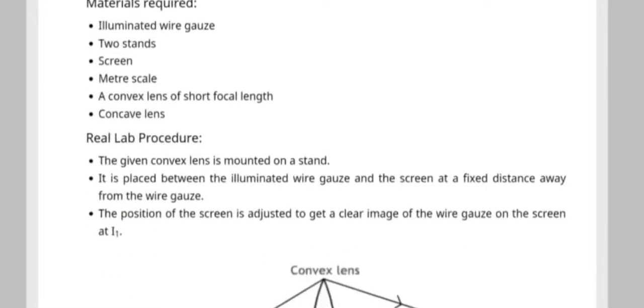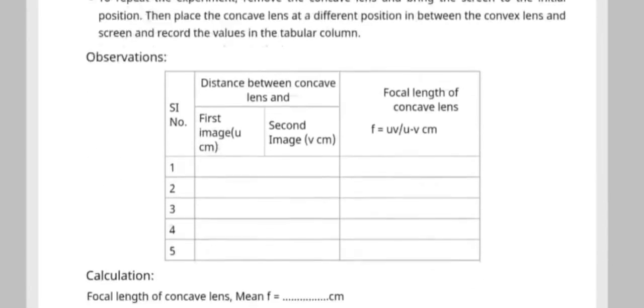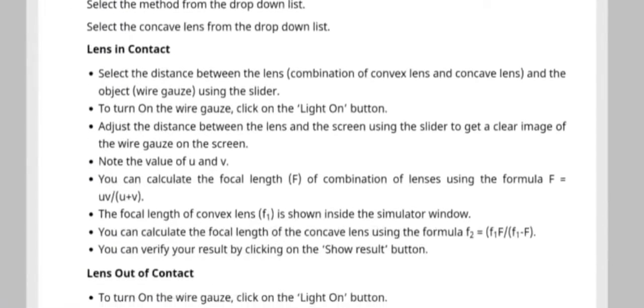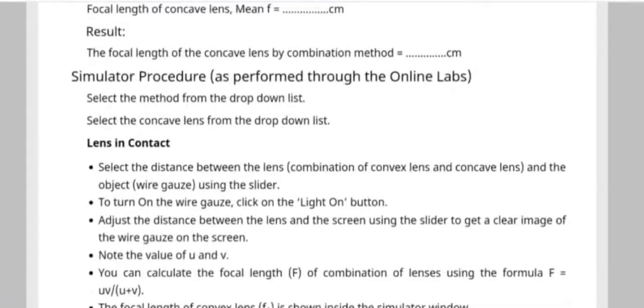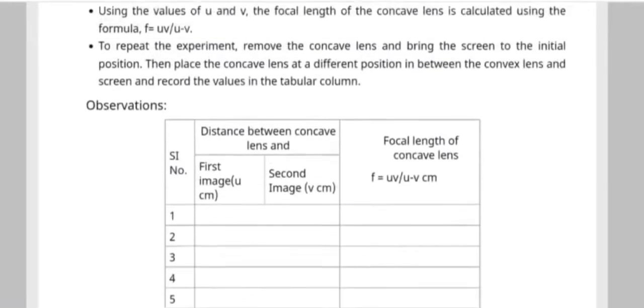Here you can see the simulator procedure, as performed through the online labs. You can follow these instructions for the lens in contact method and perform the experiment yourself, but I will also tell you all these procedures myself.